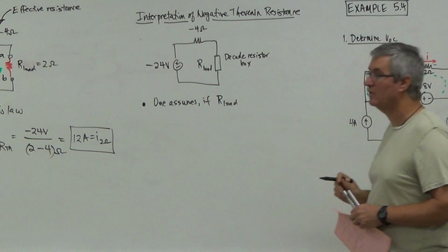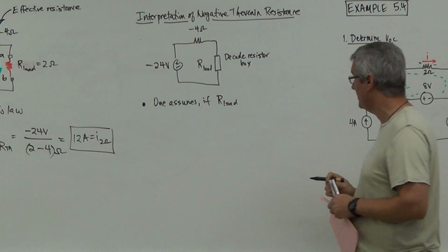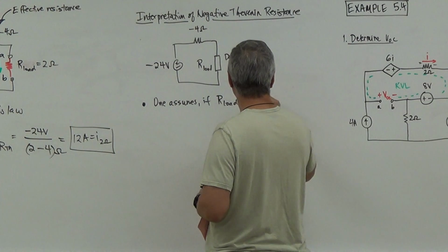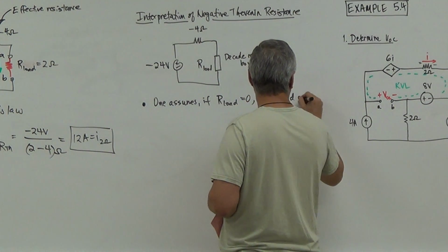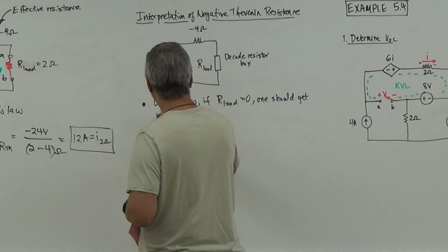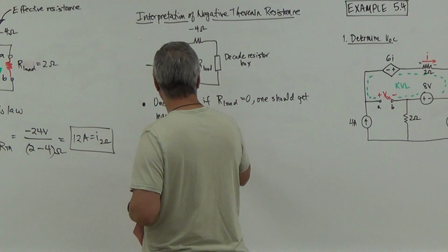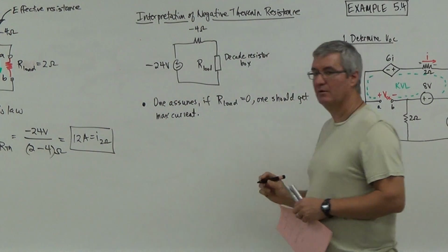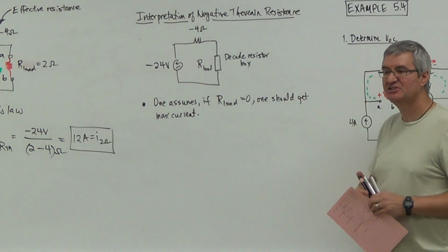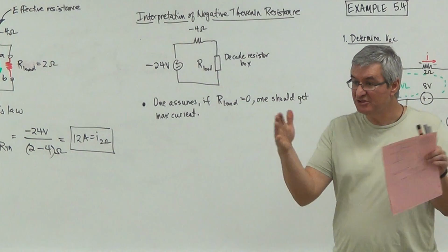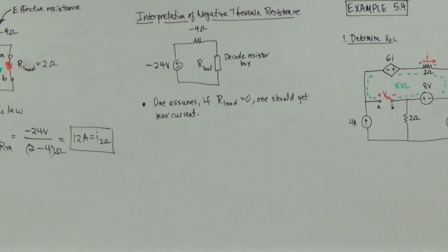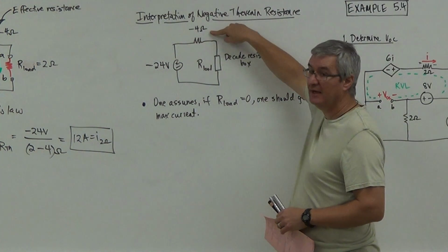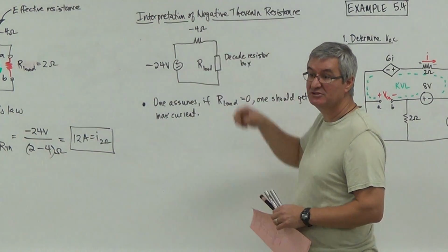So note that the R load is variable because I have a decade resistor box. If R load is equal to 0, one should get max current. And that makes sense, right? If I have a series resistance, resistors add, if I was to set that resistor, R load, to 0, you would think maximum current. Well, that is not the case when you have a negative Thevenin resistance.